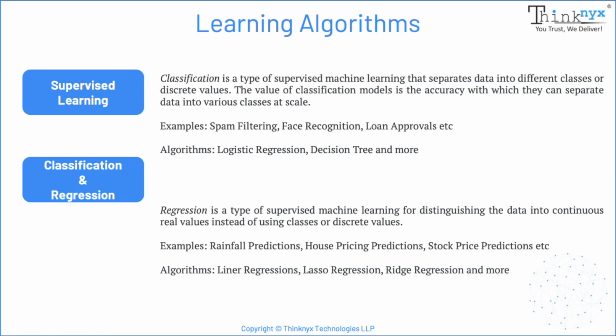It's not one time, two time, no. Now, when you talk about weather forecasting, rainfall predictions, house pricing predictions, stock market, they all are using regression type of learning because they are continuous values, right?